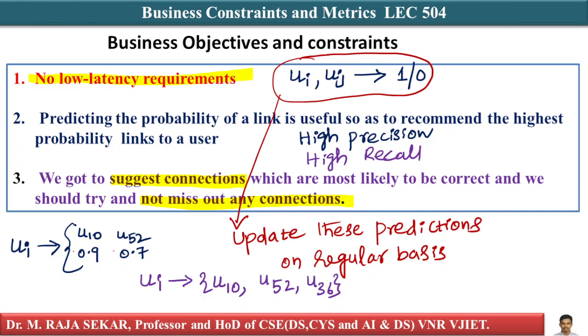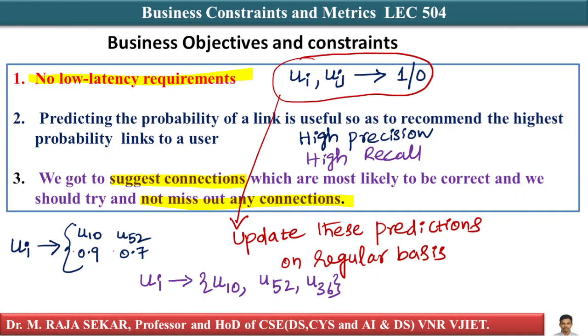That's what precision and recall are, as we discussed about these metrics. So ideally, I want high precision, and I also want high recall. So there are many metrics which are sensible for this problem.